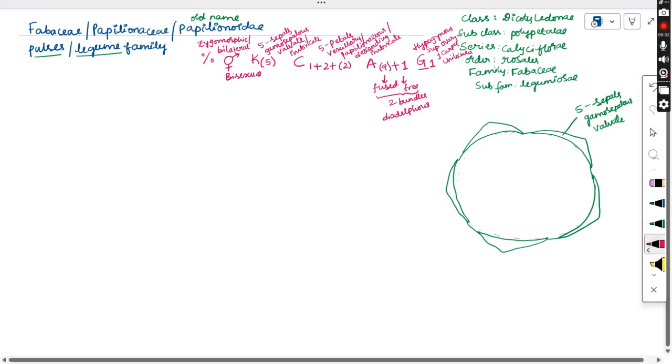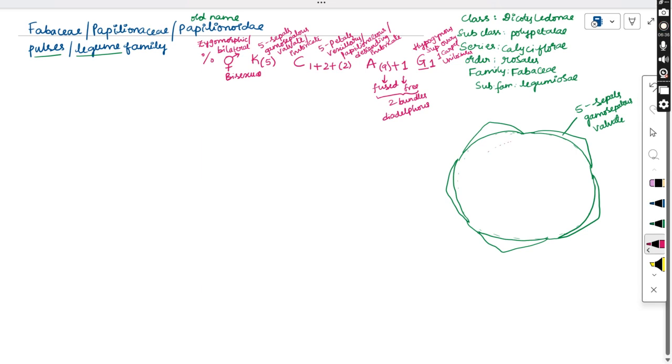And coming to the next whorl, the corolla. This is the special estivation we can find in this Fabaceae family. A total of 5 petals are there, showing the vexillary type of estivation. One bigger, large petal will be at the posterior side. This large petal we call the standard or vexillum.